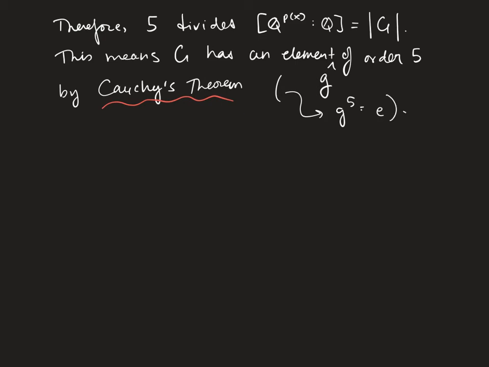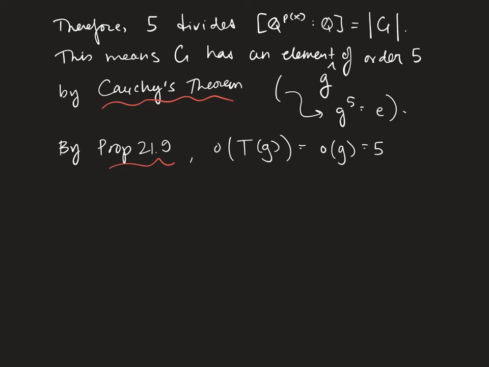Now, since T is 1 to 1 by proposition 21.9, the order of this element T of G in S5 is going to be the order of G, which is 5.